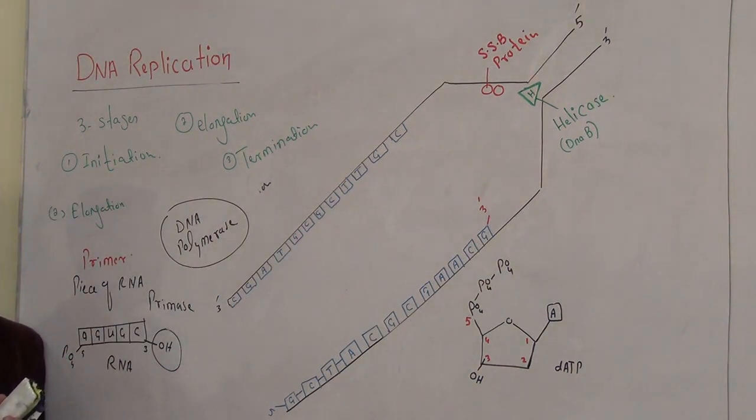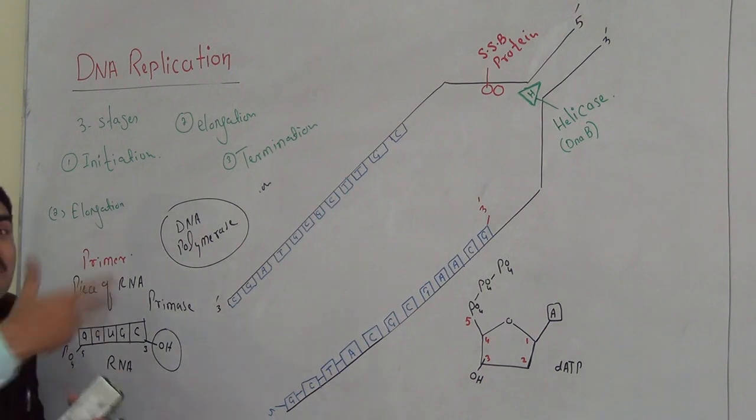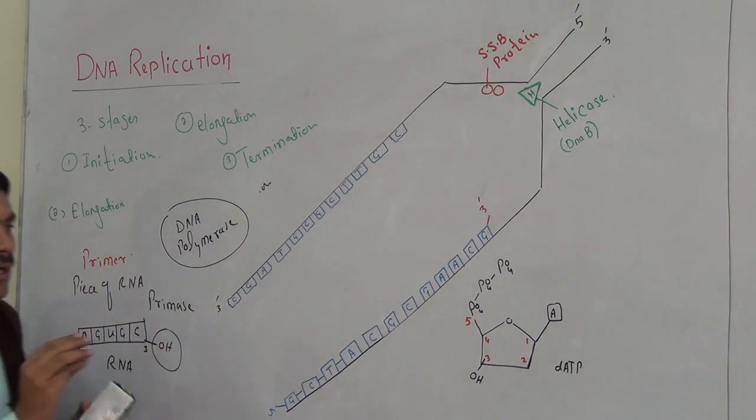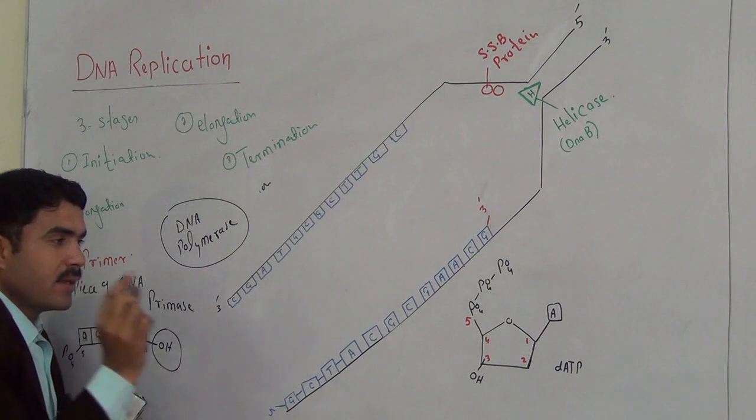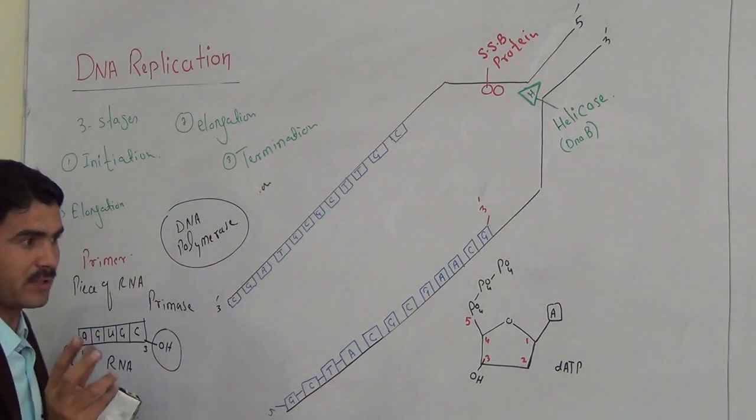What is now the function of the DNA polymerase? The function of the DNA polymerase is to polymerize. To polymerize means to add the nucleotides, the fresh nucleotides.